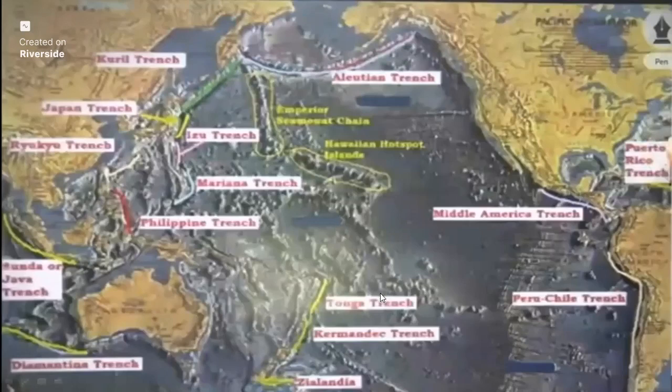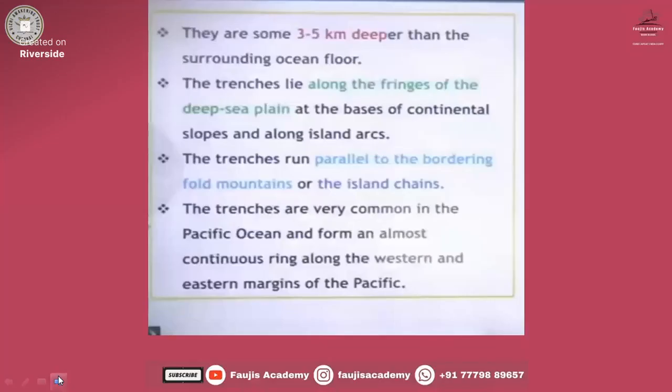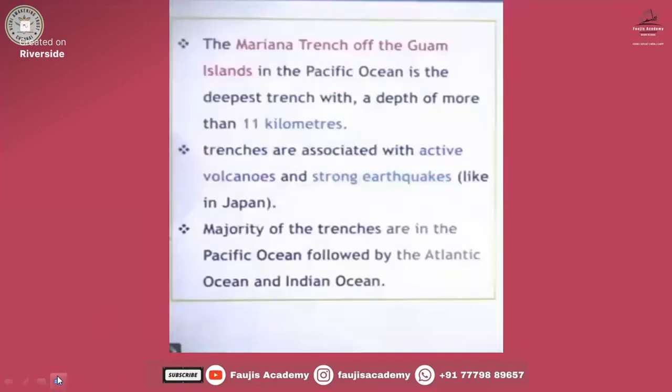In the Tonga Trench there is a deep part. Then the Mariana Trench, in this part we have the Challenger Deep, that is the deepest part. Just go through the map so that you can easily recall in which area each trench is. Some are 3 to 5 kilometers deep. And the trenches run parallel to the bordering mountains. So these are about the trenches.